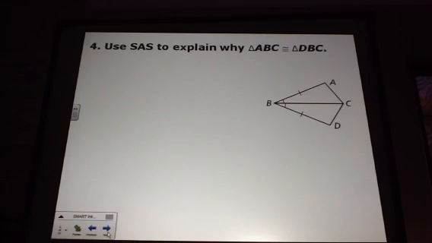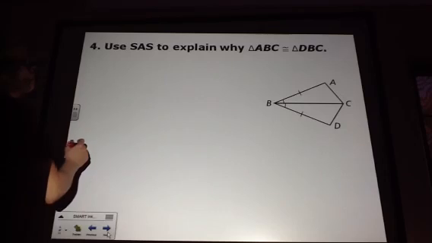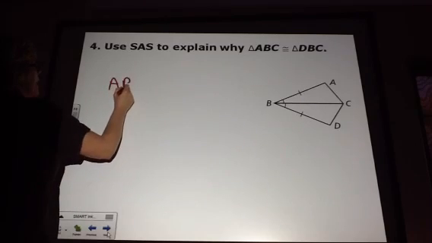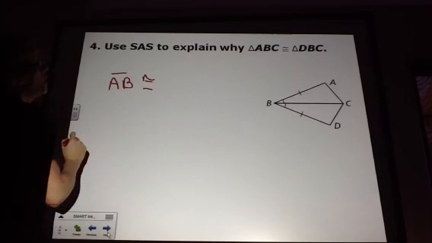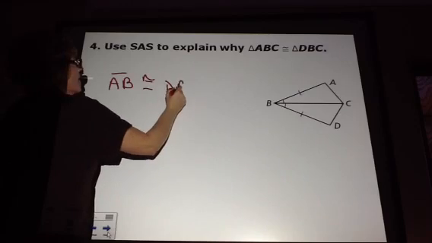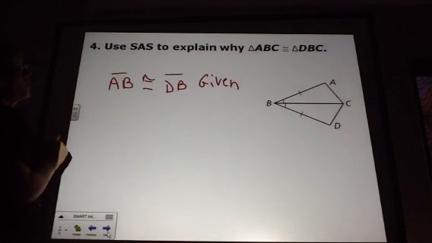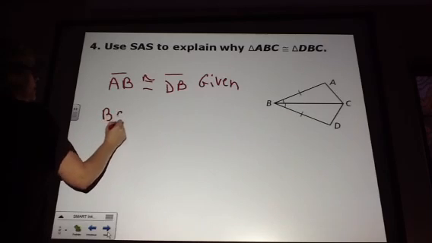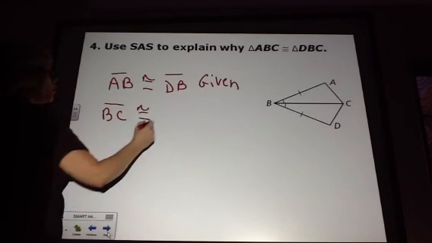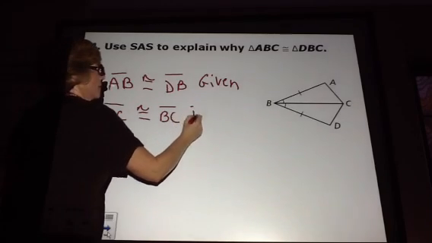Okay, let's try another one like that. Side, angle, side. Got to prove two sides, got to have that included angle. So I have segment AB congruent to segment DB. I have segment BC congruent to segment BC.